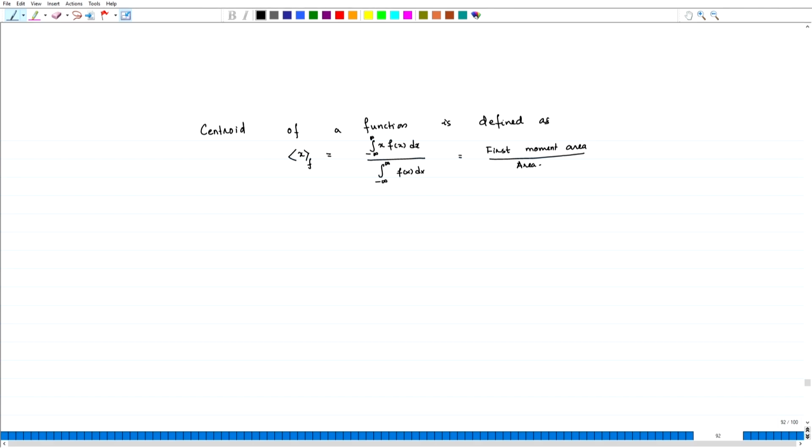So, now what is my integral minus infinity to infinity f of x dx? This is nothing but f hat at 0.